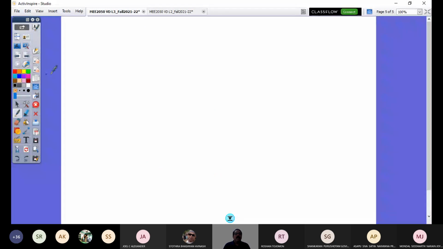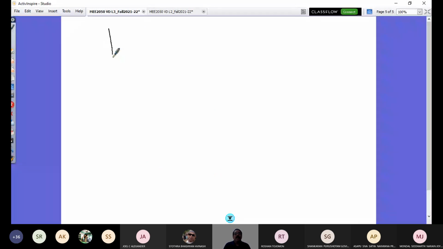So in the complex plane, instead of calling it an x-axis and y-axis, I'll call them a real axis and an imaginary axis. So this is going to be my real axis and this is going to be my imaginary axis.